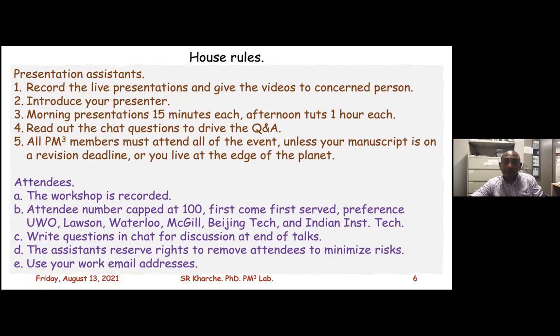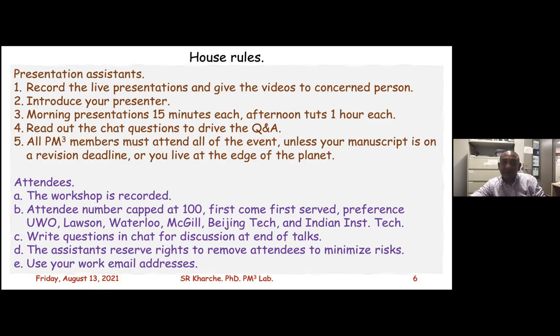The assistants should also introduce the presenter, keep track of time, as well as drive the question and answers. And as a last thought before we start today, I thought it would be very nice if all members of the lab attend the complete workshop, except if you have, say, a pressing deadline or you live on the other end of the world, so that when it's a pleasant afternoon for us, it's some odd hour like 2:30 in the morning for a few, not many.